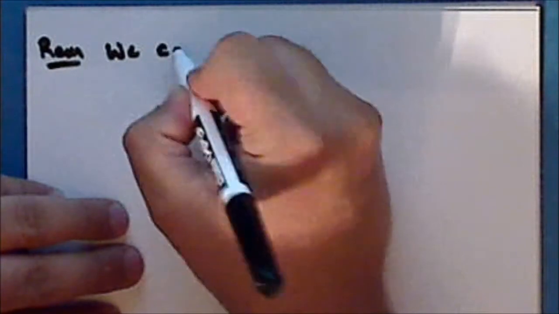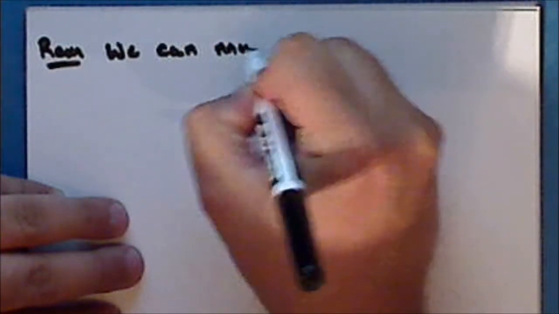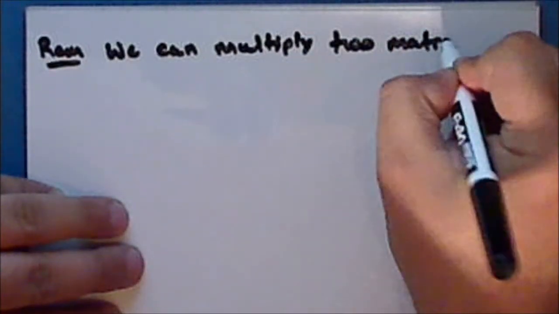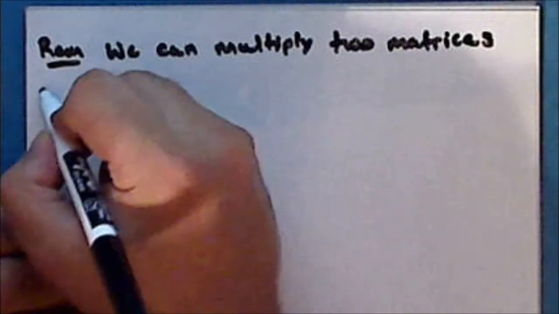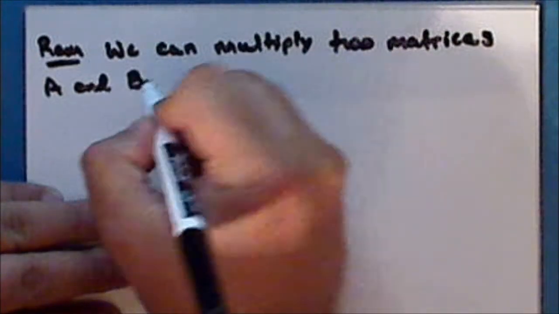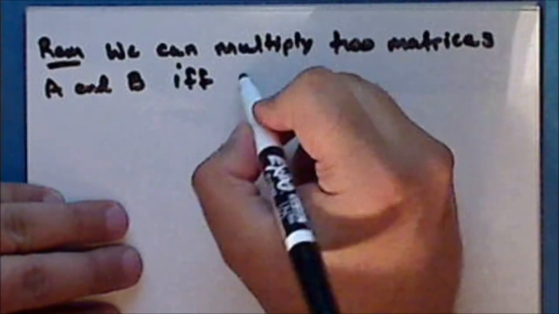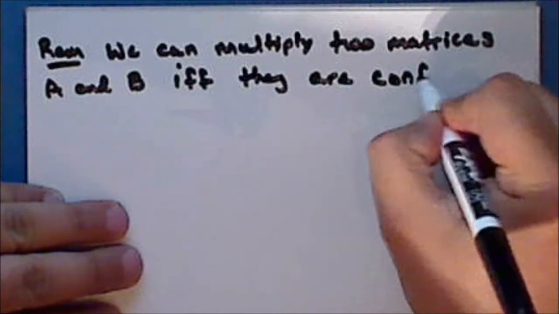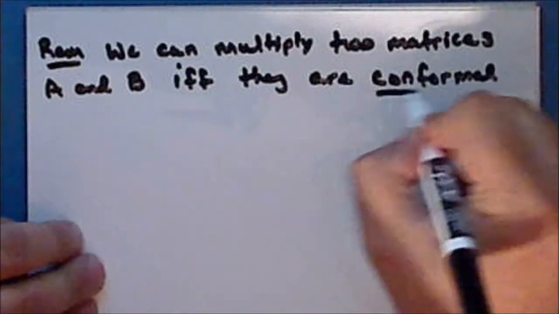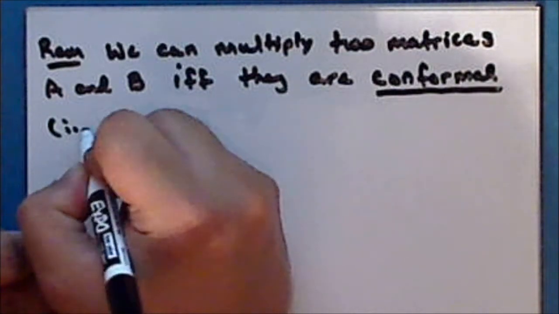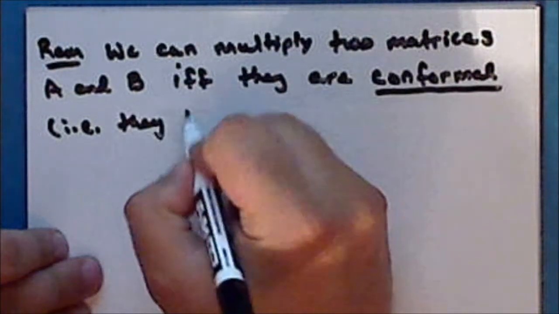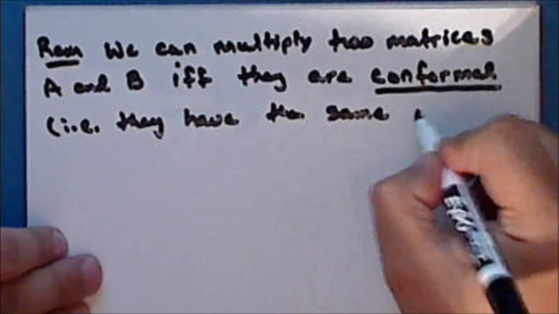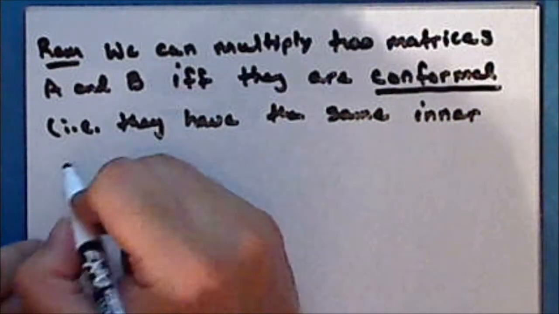Now we can multiply two matrices, A and B, if and only if they are conformal, which means that they have the same inner dimensions.